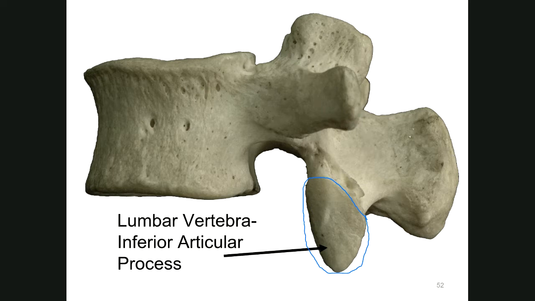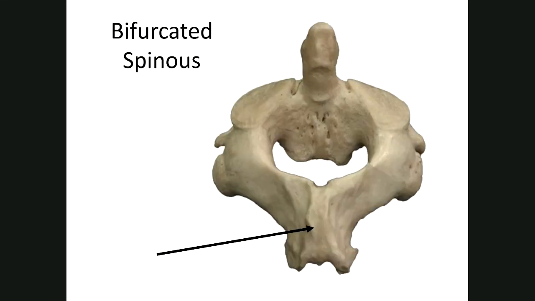All right, let's jump back up into the cervical spine. All right, this arrow is pointing to that bifurcated spinous. Remember, we see these two little nubbins going on here. Okay, so you can call it a bifid spinous process or a bifurcated spinous process.